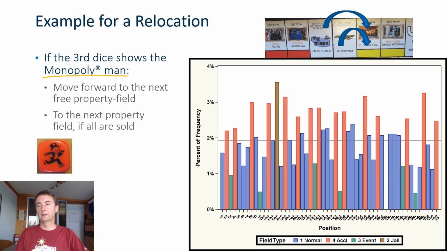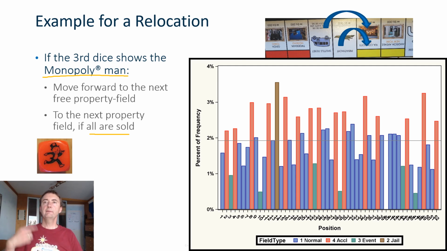So for example, if you end up on that field, on the bus or on this field, and you have the monopoly man, you should forward your token to the next free property. And if all properties are already sold, just move it to the next property.